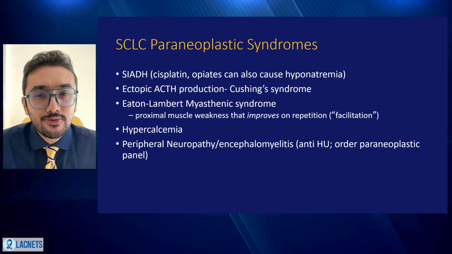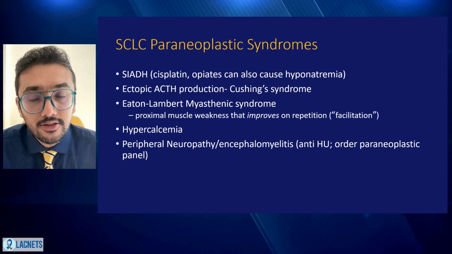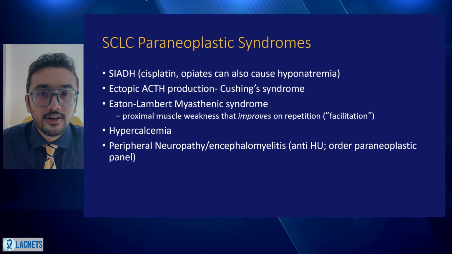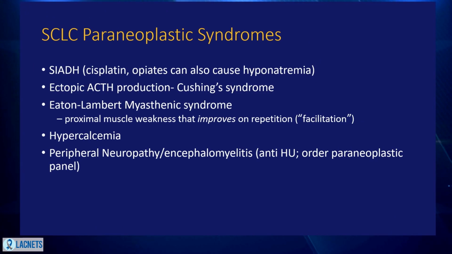Sometimes patients will present with certain paraneoplastic syndromes like SIADH, or ACTH production, which gives Cushing syndrome, or muscle weakness, Lambert-Eaton syndrome, which is like a myasthenic syndrome. Some patients might have a high level of calcium because of a high level of parathyroid-related hormone.